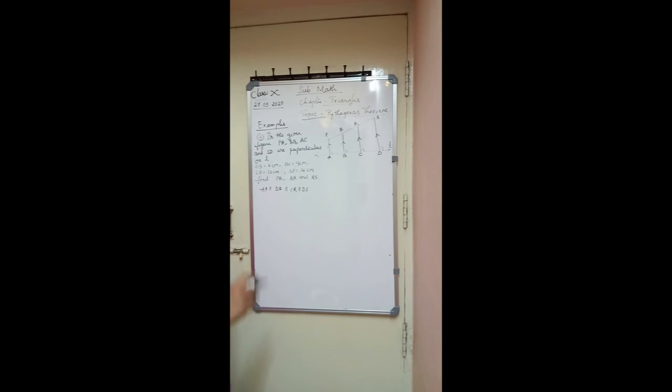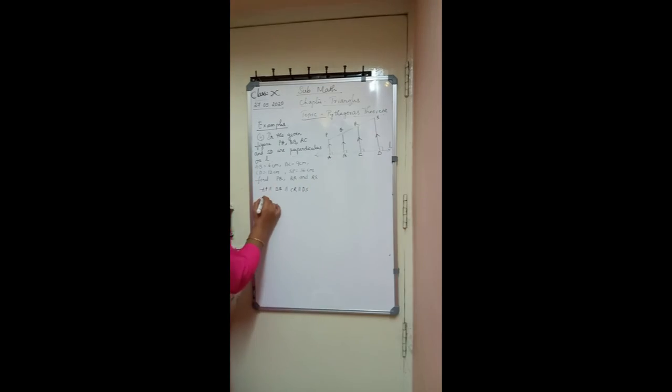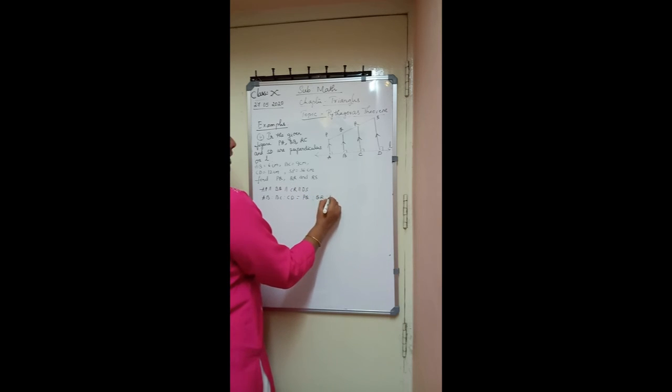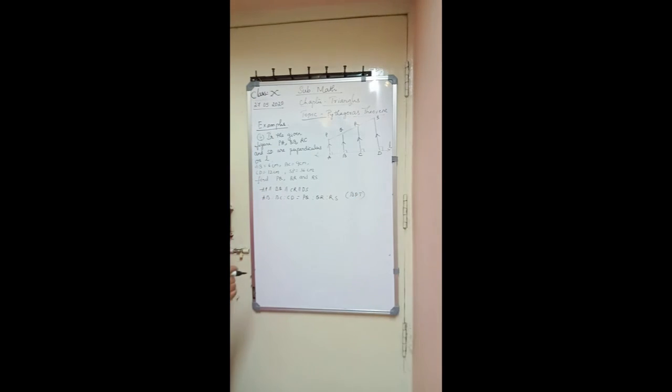Then you know that in BPT we learned that when the lines are parallel, then their corresponding sides are proportional. Yes or no? So same way, here these are parallel, so AB is to BC is to CD is equal to PQ is to QR is to RS by BPT, basic proportionality theorem.